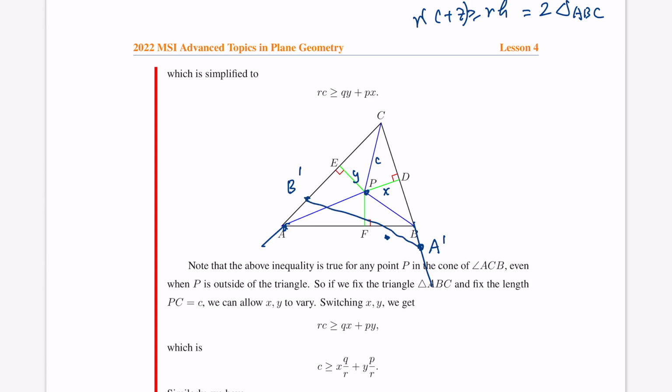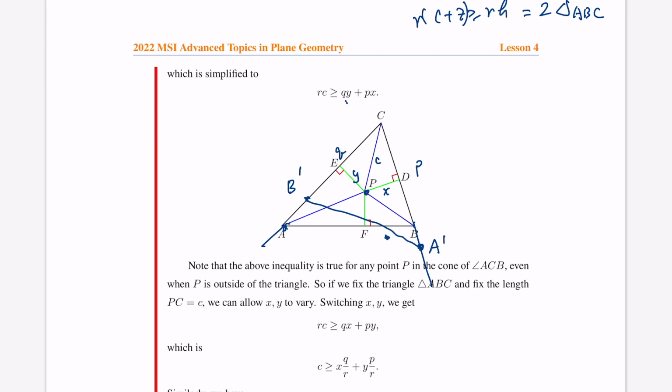If I run this, what I will get is not RC bigger than QY plus PX, because Y and X won't change, but Q is this and P is that. We're switching P and Q. That's the trick, because this is true for any point P inside the angle ACB, so I can flip it.